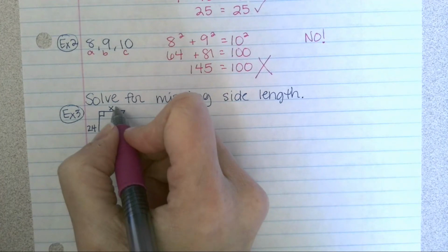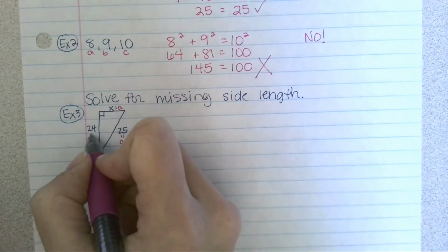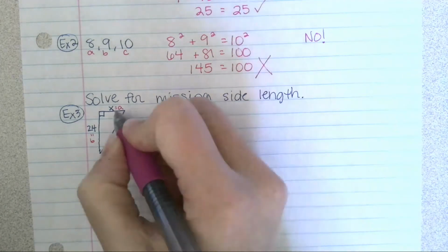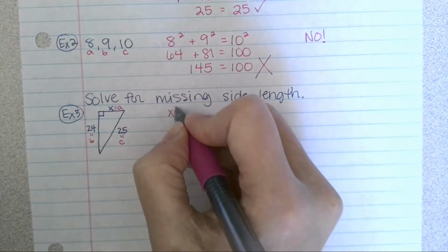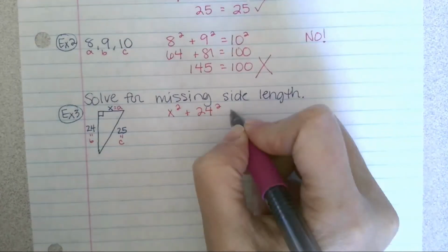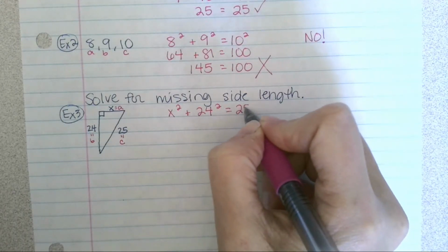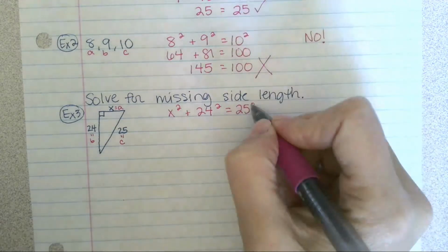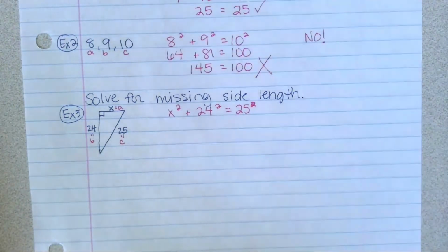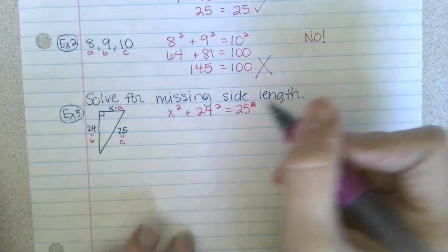I'm going to label the smallest side A and the middle side B. So A squared plus B squared equals C squared. A is x, so x squared plus B squared equals C squared. Oh, sorry guys. So I know that 24 squared is 576.